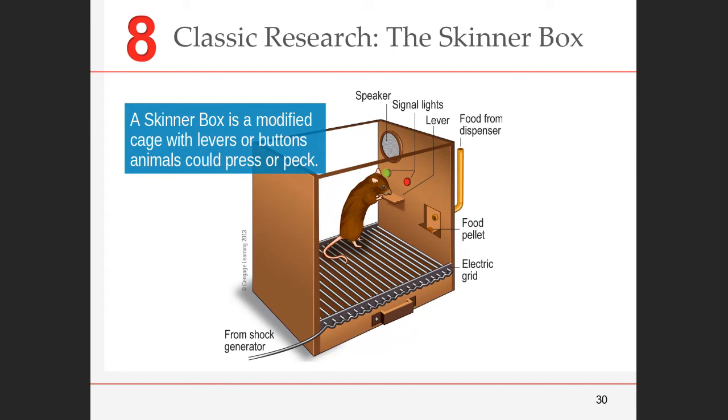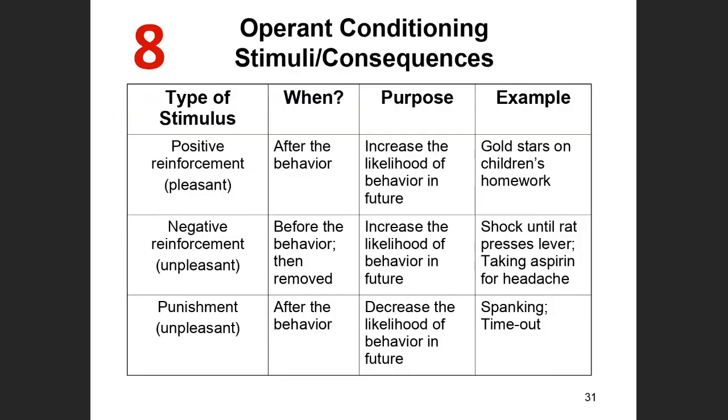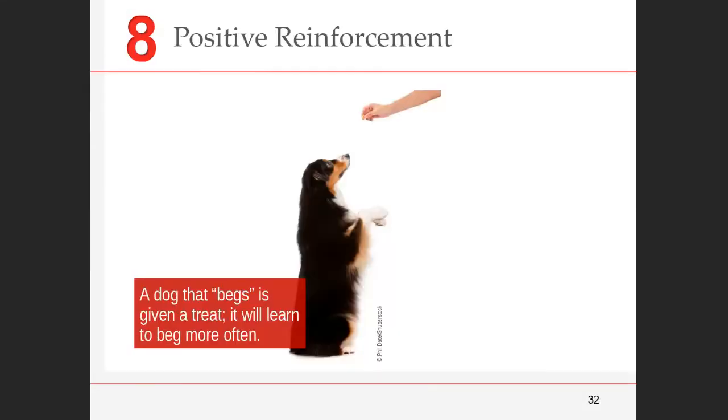Let me give you some other examples of positive reinforcement, negative reinforcement, and punishment. So here, of course, treats are a good way to teach animals tricks. You can teach a dog to beg if you give it a treat after begging, and so it'll learn that if it begs, it gets treats.